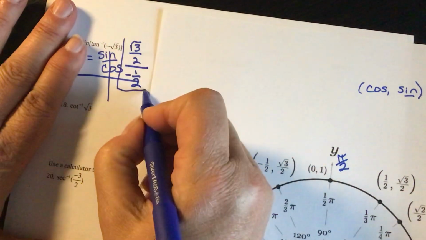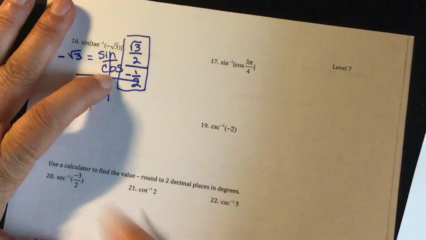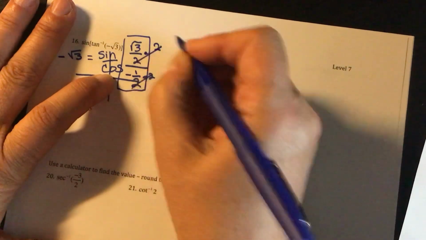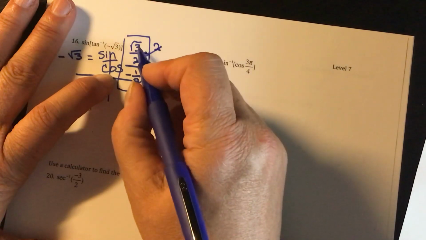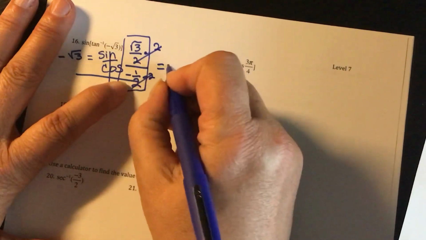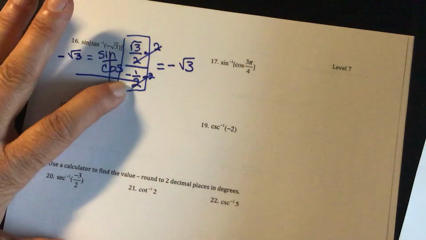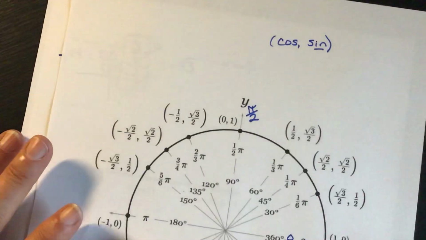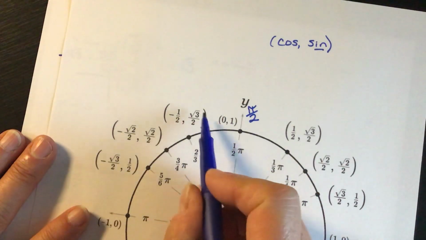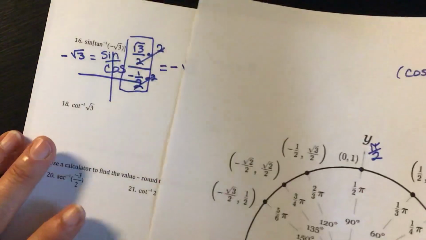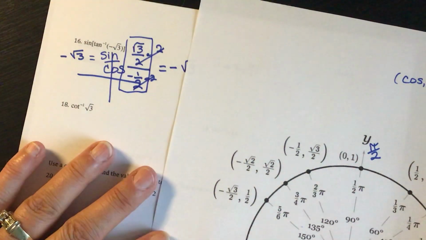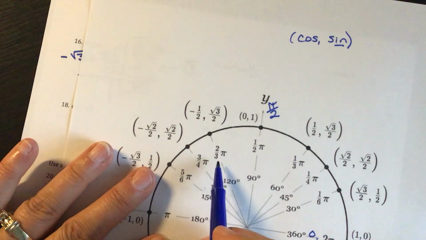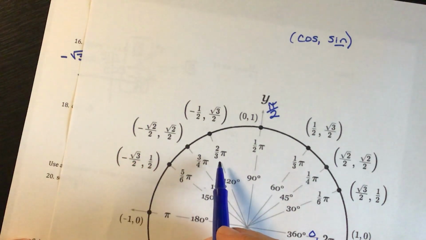So this is what I'm looking at right here. If I multiplied the top and the bottom by 2, those would cancel. This would give me square root of 3 over negative 1, or negative square root of 3. So the angle that I'm looking at here, where tangent was negative square root of 3, this angle is 2 pi over 3.